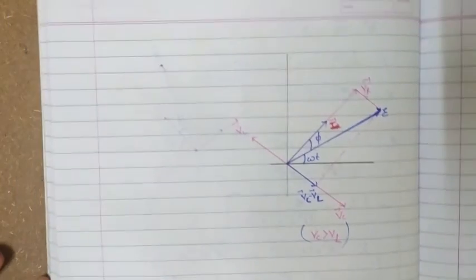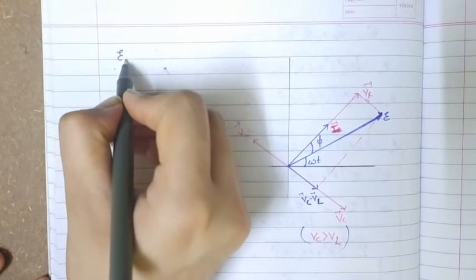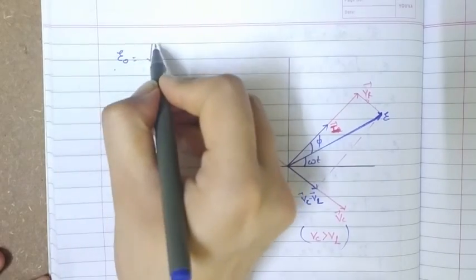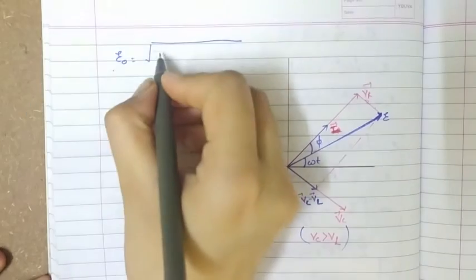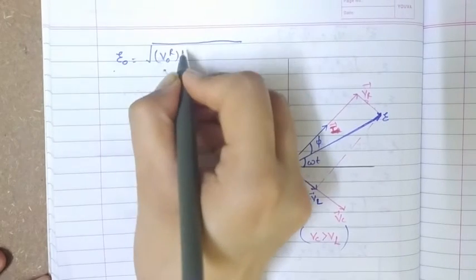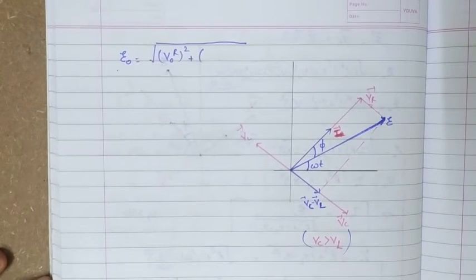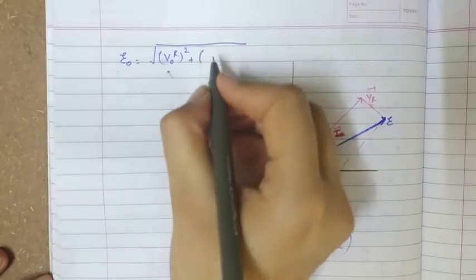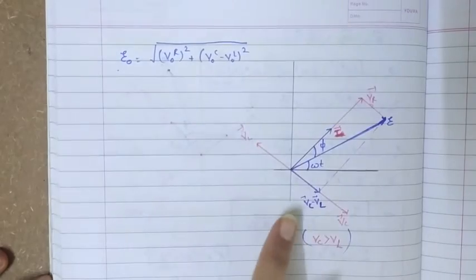So the only change that we get during the calculation is epsilon naught is equal to under root V naught R square plus, in the first case it was V naught L minus V naught C. Here it is V naught C minus V naught L whole square, because the resultant is VC minus VL.